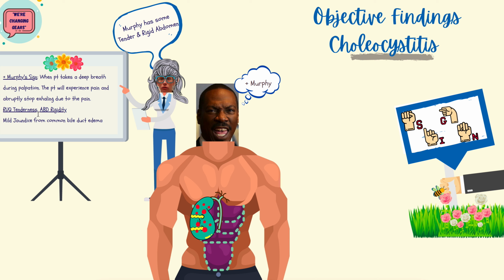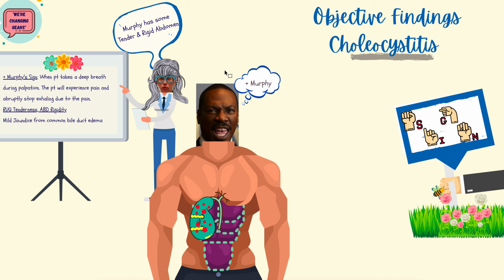Also, the patient is going to have some right upper quadrant tenderness and abdominal rigidity. So here I have ripped up abs, so you have a rigid abdomen. And then you're going to have some tenderness there. Also, again, this is the gallbladder. If you want to piece it together, Murphy has some tender and rigid abdomen. Those are your objective findings in cholecystitis.